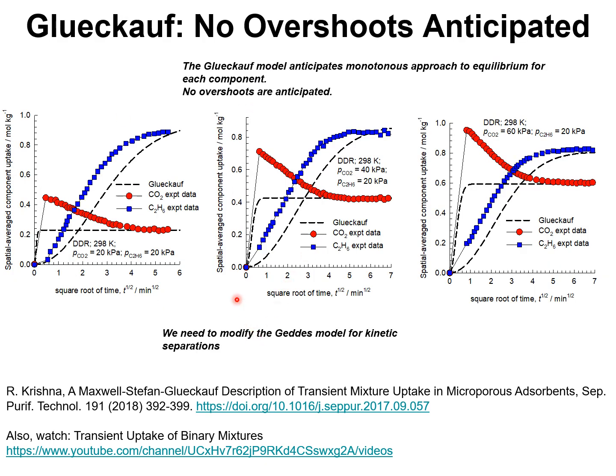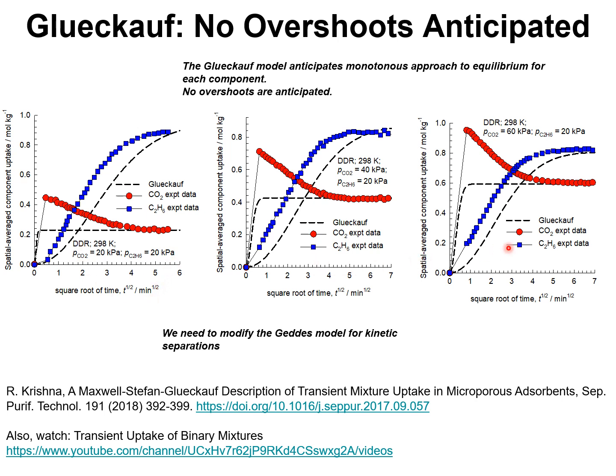The Glueckauf LDF model is based on the Fick law of diffusion, and each component in the mixture is assumed to diffuse independent of its partners. The approach to equilibrium is monotonic in character.